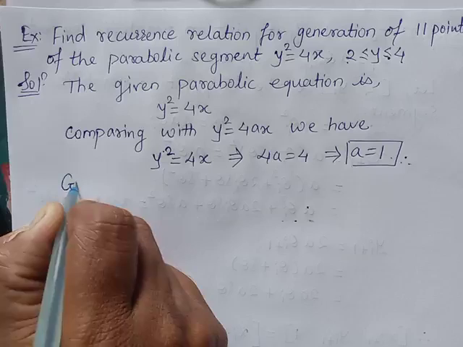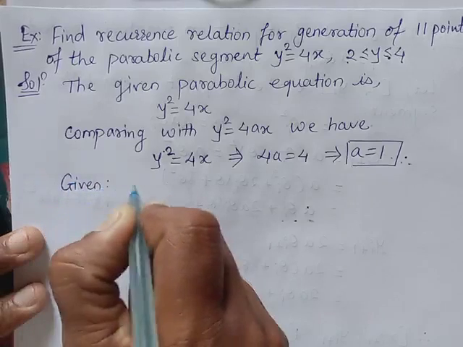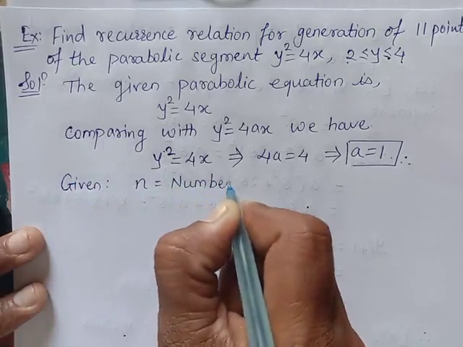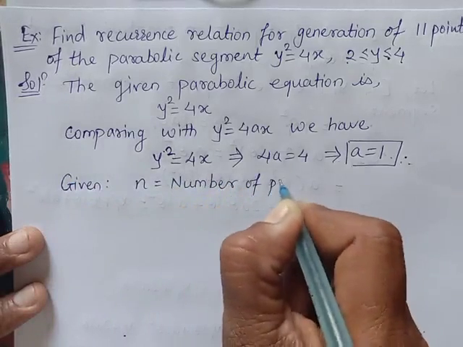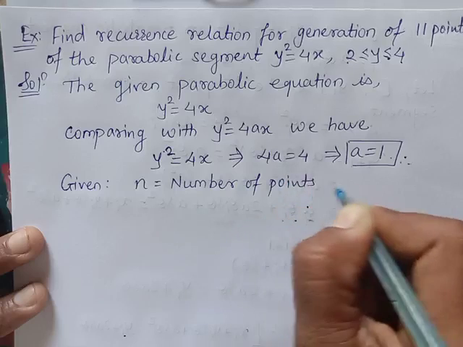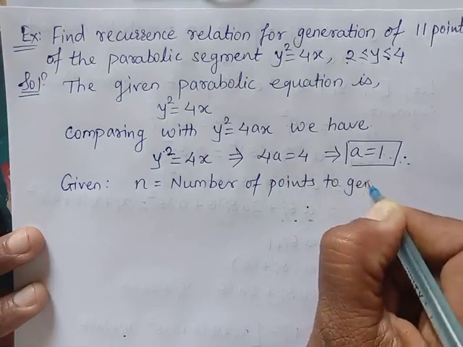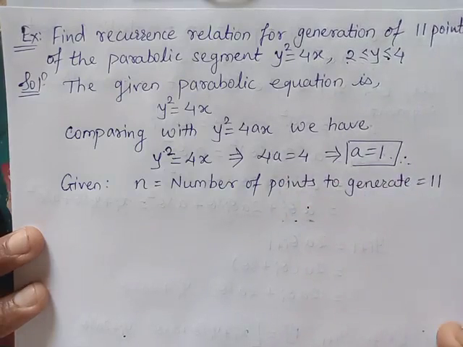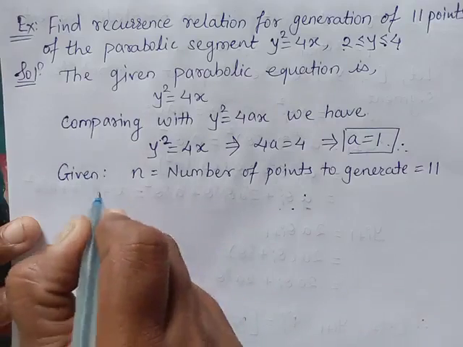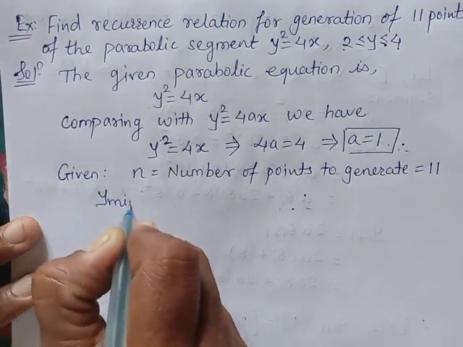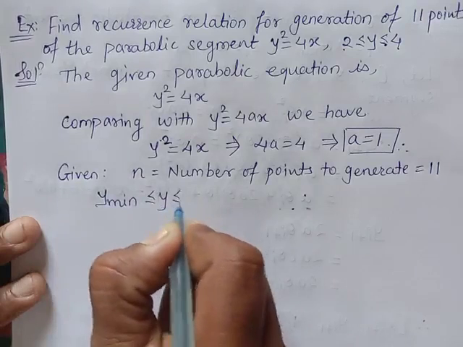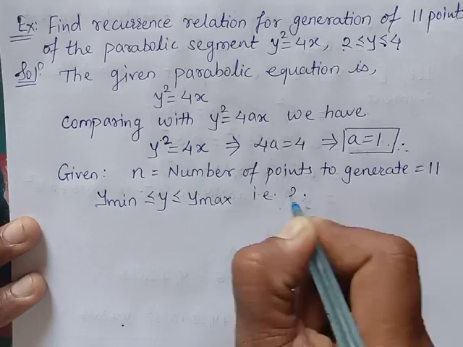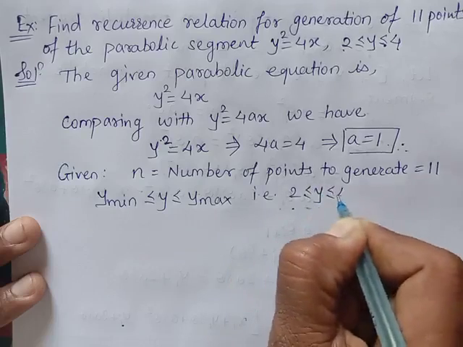Now given that n is the number of points to generate. How many points we have to generate? 11, right? Here y minimum and y maximum are given to us, that is 2 less equal y less equal 4.